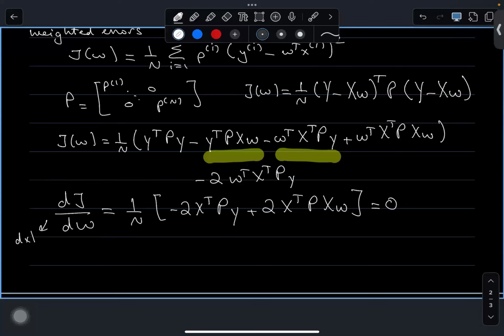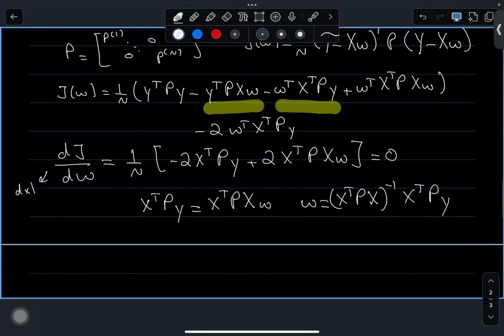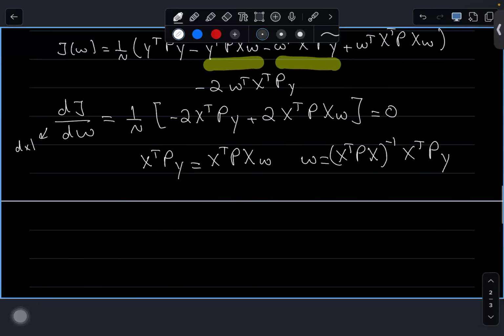I get... so now I have W is equal to an equation that provides me with a weighted measure of my errors in order to minimize the cost. Okay, so why is this useful?